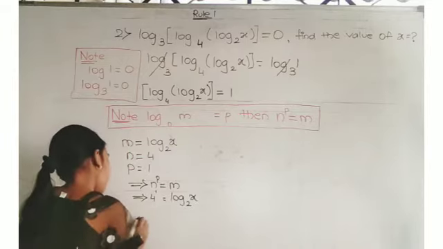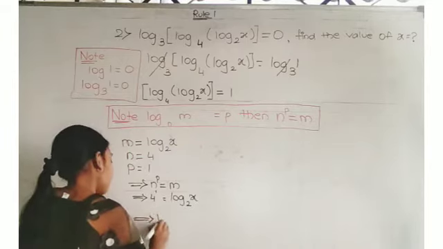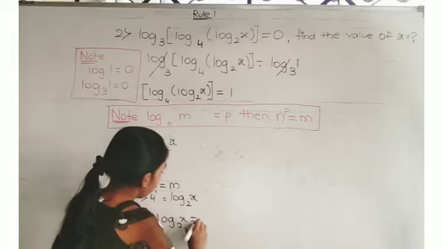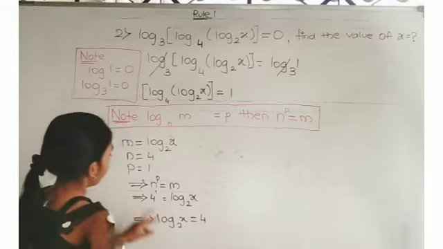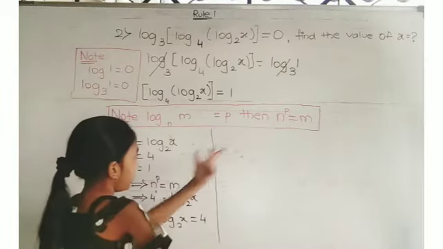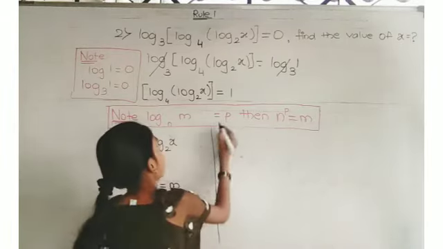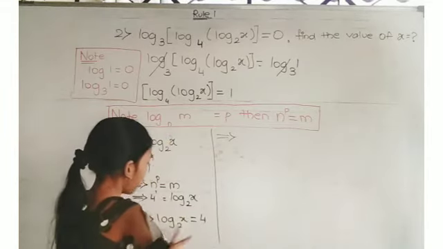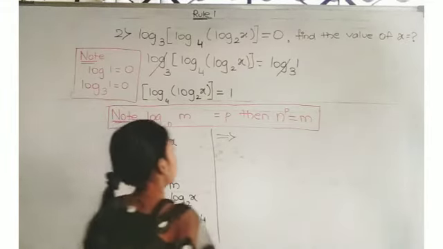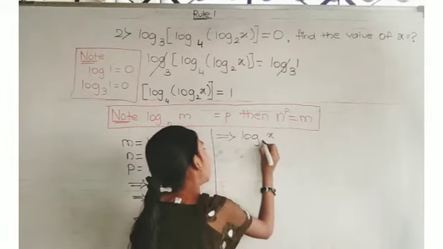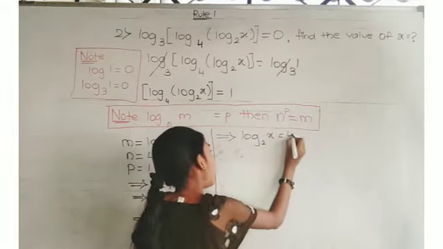We'll write this into the proper form. So log x base 2 is equal to 4. We are not going to write raised to 1, it has no importance. Now we will just write it again so that confusion doesn't arise. So it is log x base 2 is equal to 4.